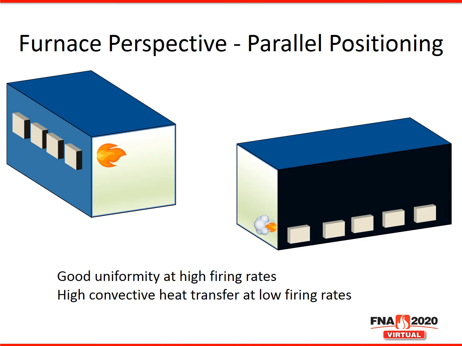From the perspective of the furnace, we will have a large, hot, high velocity flame at high fire for good efficiency and uniformity. Then, at low fire, we will introduce excess air to achieve good convective heat transfer at the low firing rates. The key in this system is striking a balance at low firing rates of uniformity and efficiency.